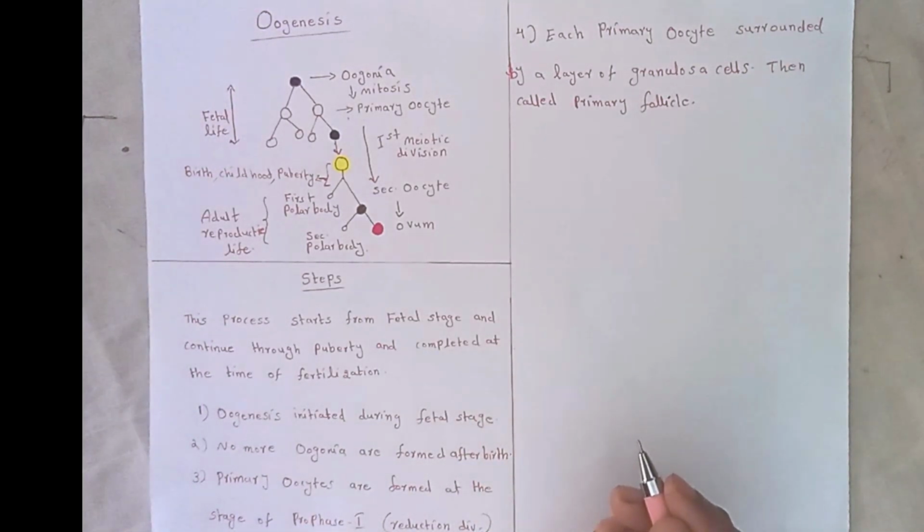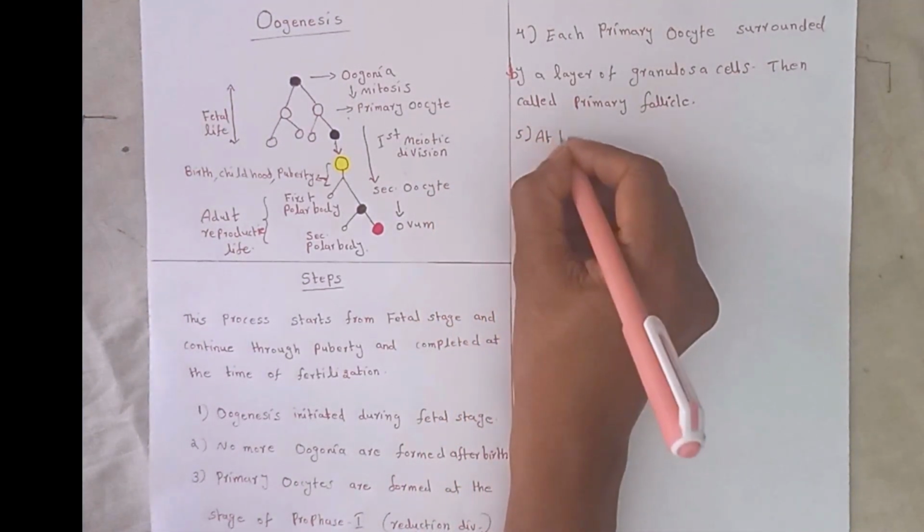Then up to 60,000 to 80,000 primary follicles with primary oocytes are left in each ovary. This is the time of birth.